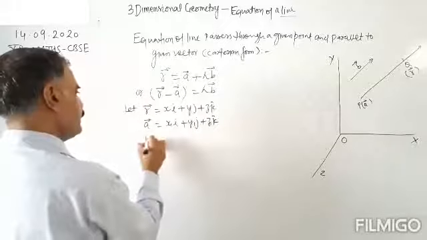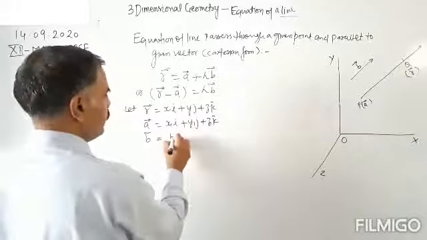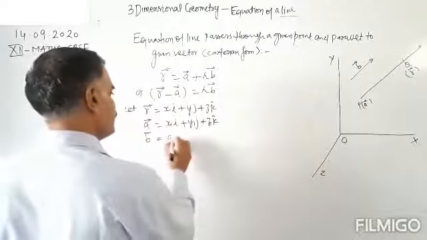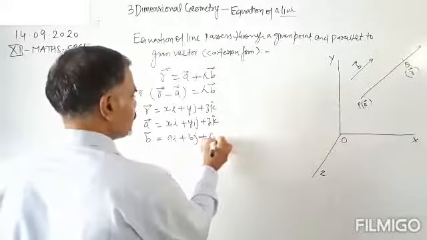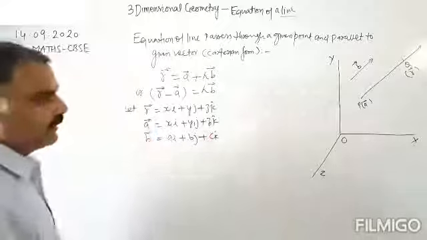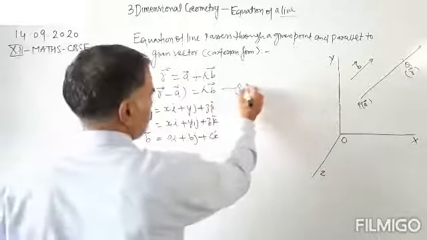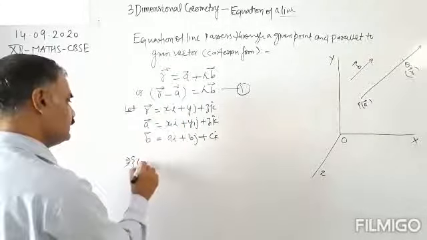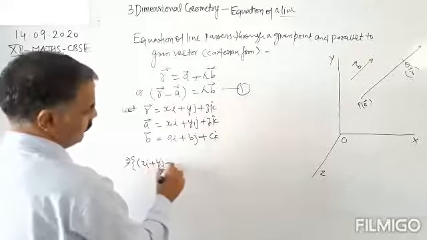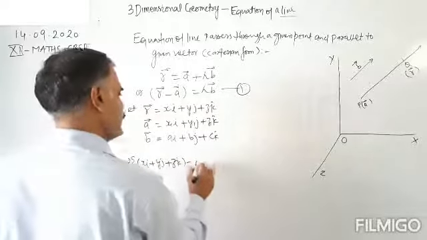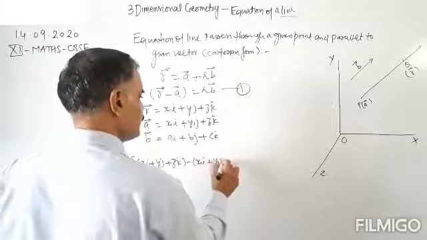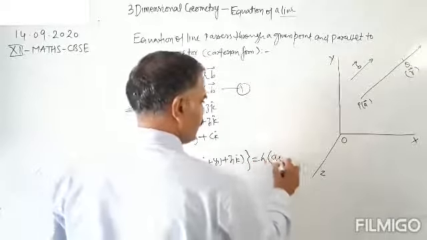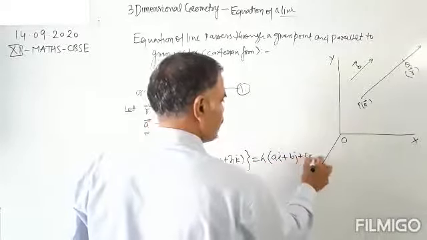And b vector equals, let a, b, c mean, ai cap plus bj cap plus ck cap. So put all these in equation number 1, and we will have r vector, that is xi cap plus yj cap plus zk cap, minus x1 i cap plus y1 j cap plus z1 k cap, equals lambda times b vector, that is ai cap plus bj cap plus ck cap.